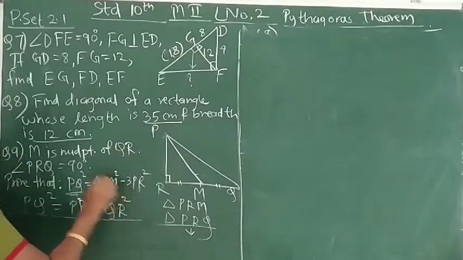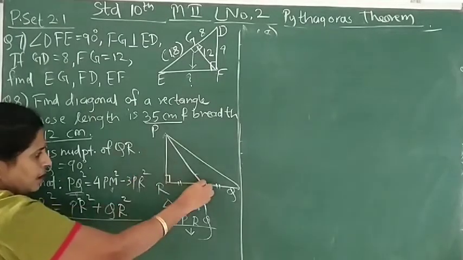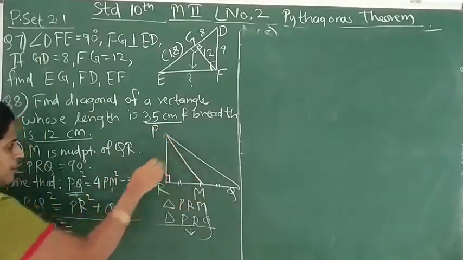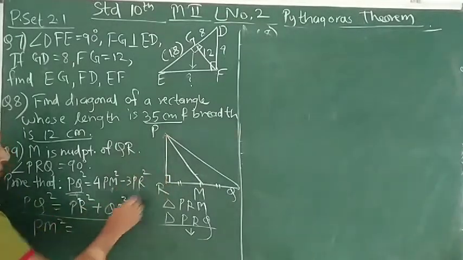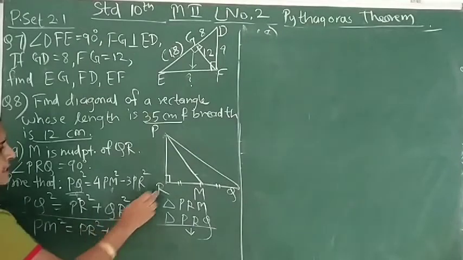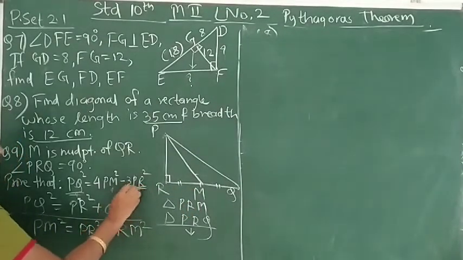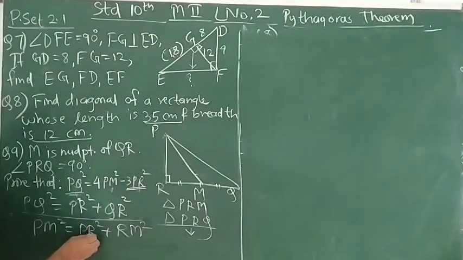From where can you get PM square? PM is the hypotenuse in triangle PRM. So PM square is going to be PR square plus RM square. We already have PR square.